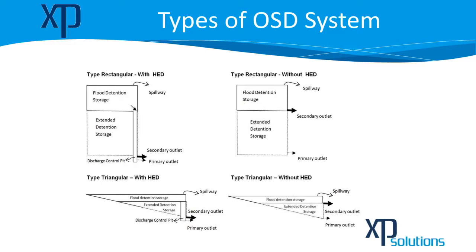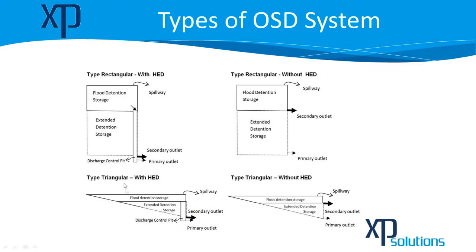So it means the storage is split up into equal increments as the height increases. With the triangular option, this reflects more like a natural ground-based sloped pond, for example, with the deepest part being at the outlet.